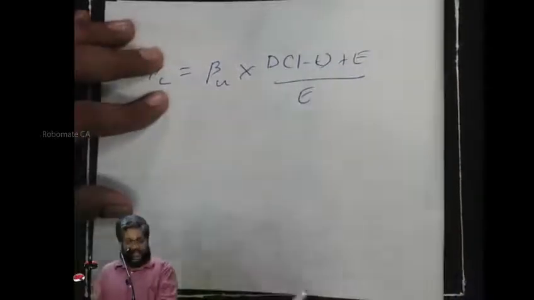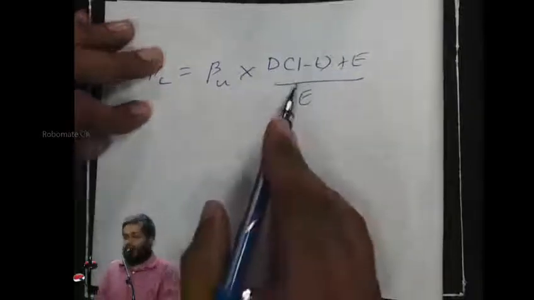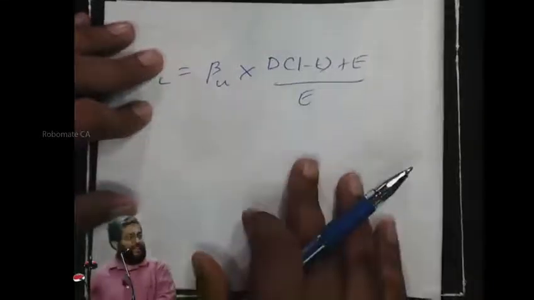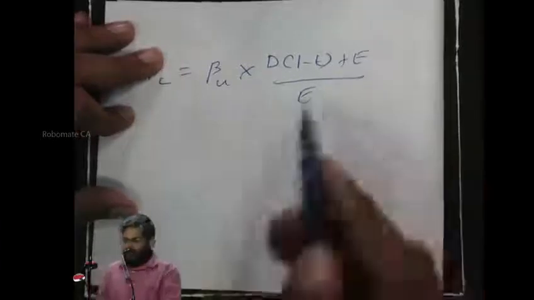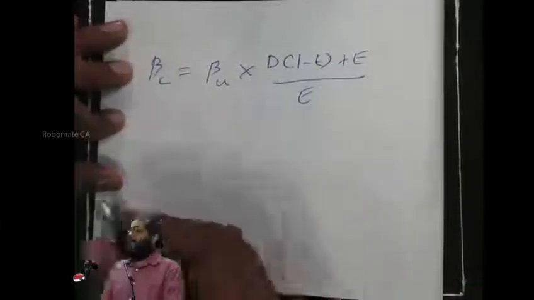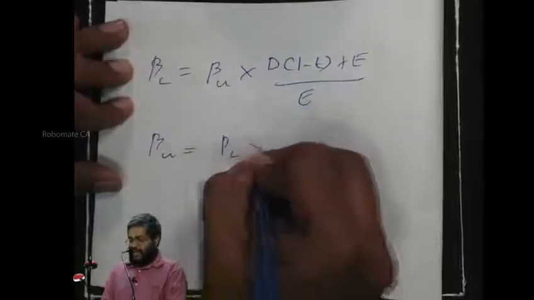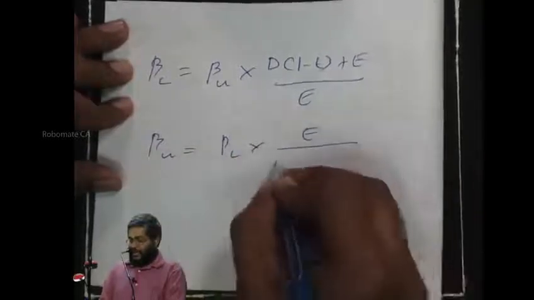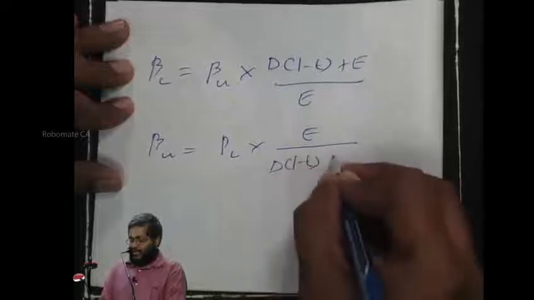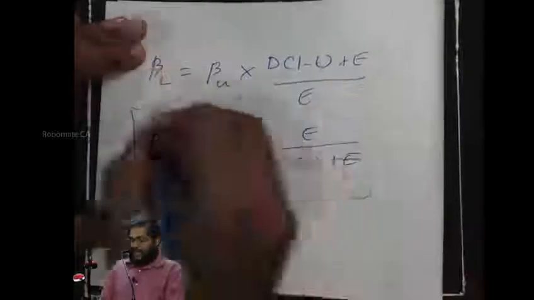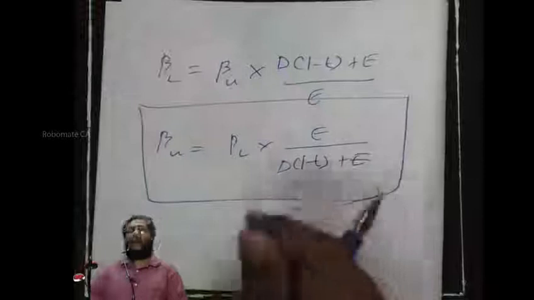If the question gives you taxation, it is D into 1 minus T plus equity divided by equity. And beta unlevered is equal to beta levered into equity by D into 1 minus T plus equity.